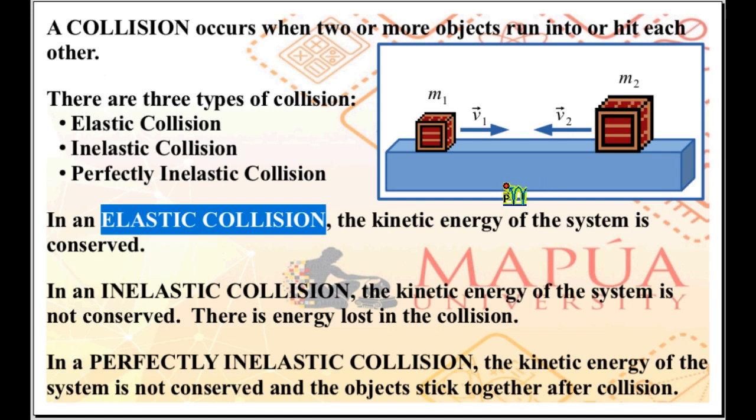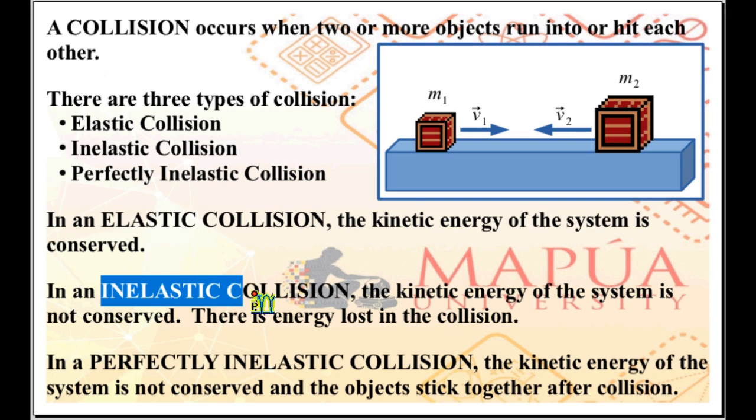And then you have final kinetic energy of M1 and final kinetic energy of M2. That's total final kinetic energy right after the collision. Okay, so initial kinetic energy before the collision, final kinetic energy after the collision, they are equal. Kinetic energy of the system is conserved for elastic collision.